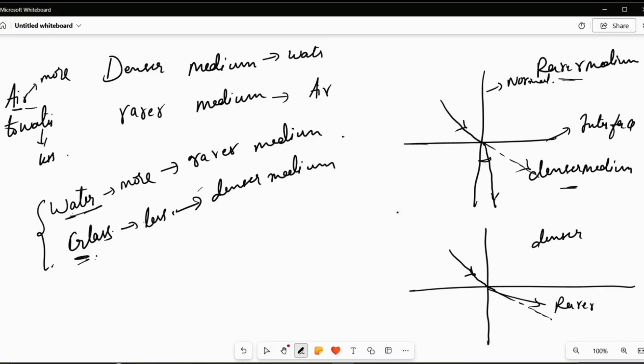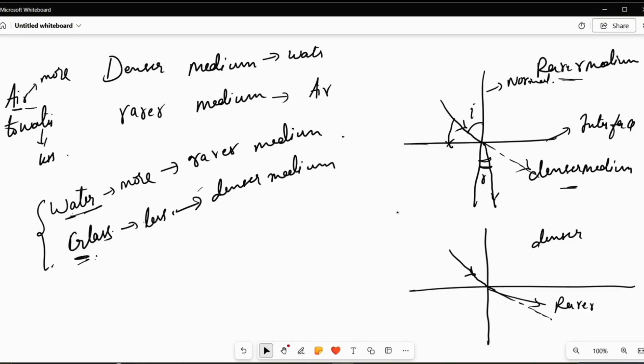Here, this is the angle of incidence, this is the angle of refraction. Always you have to take the angle with respect to the normal. You should not take it on this side. What is a normal line?